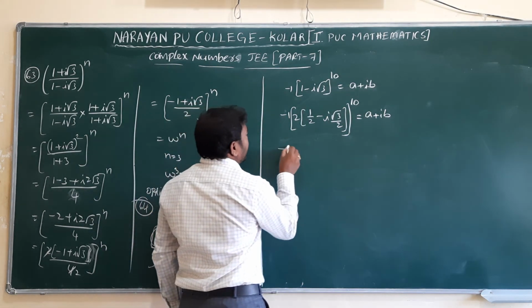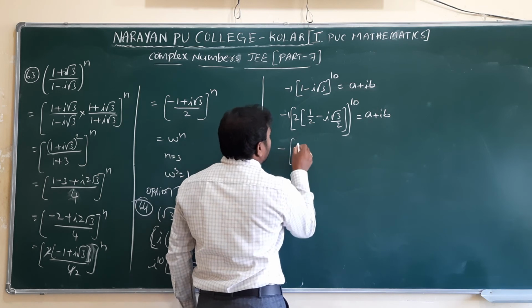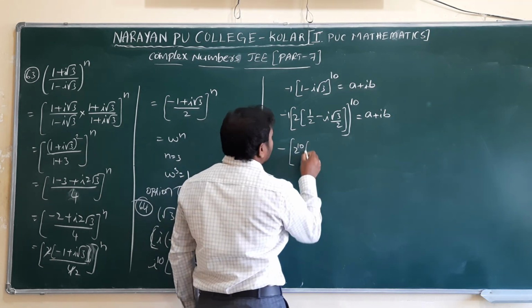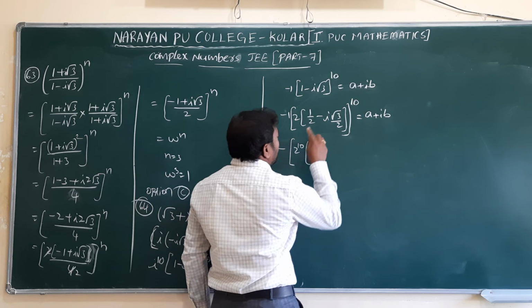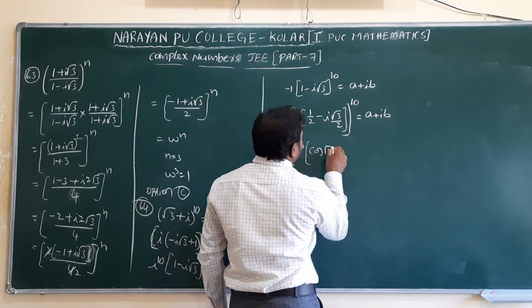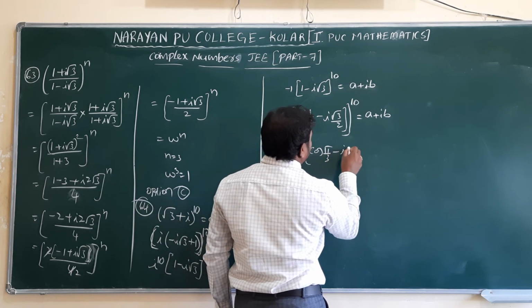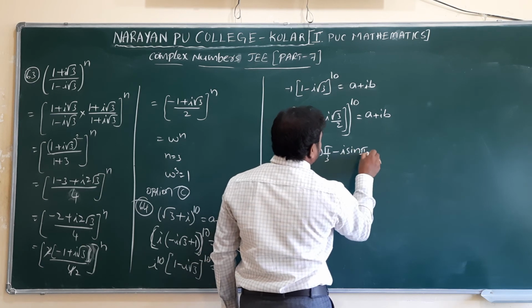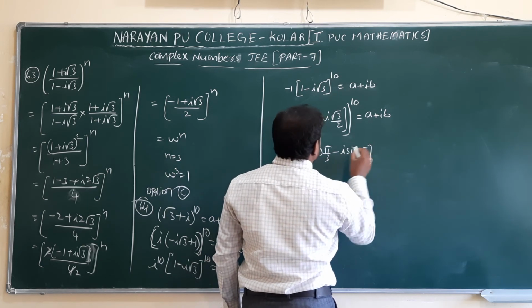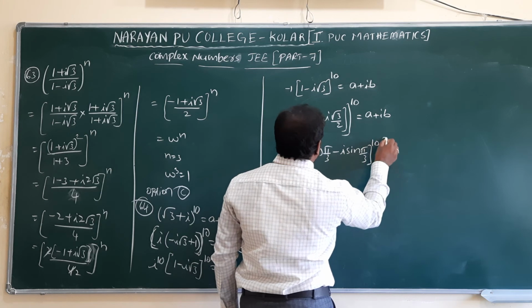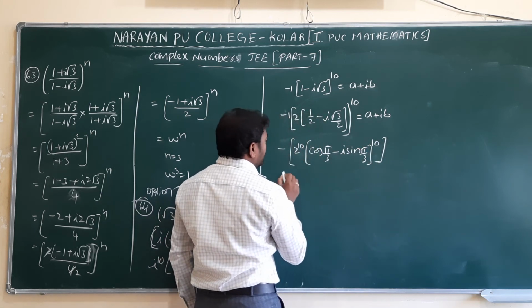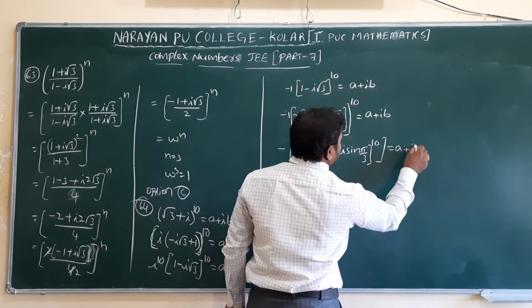So minus of 2 power 10 into (cos pi by 3 − i sin pi by 3) whole power 10 is equal to a + ib.